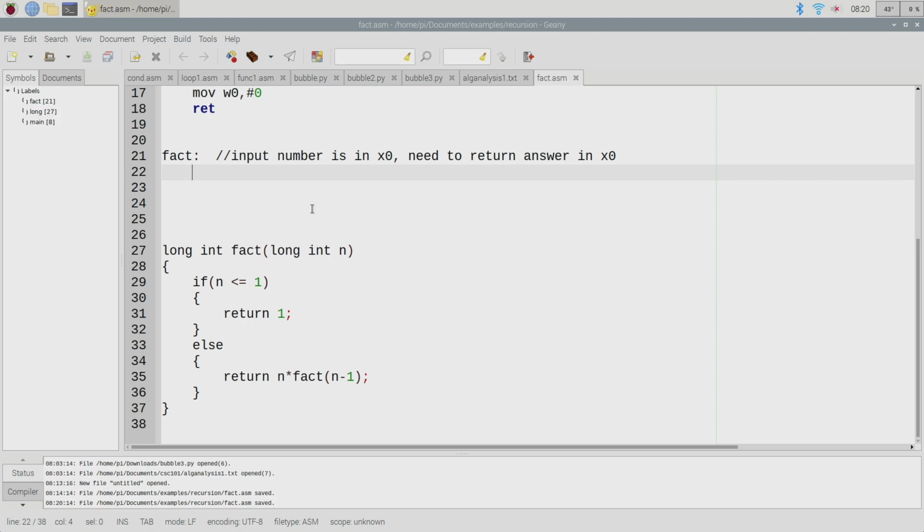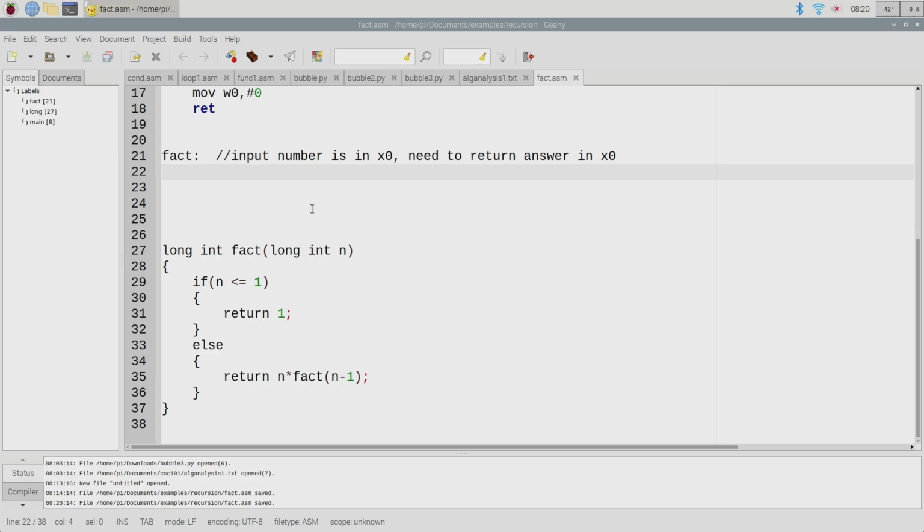And then accordingly, we need to return our answer value also in x0. Again, that's the calling convention.